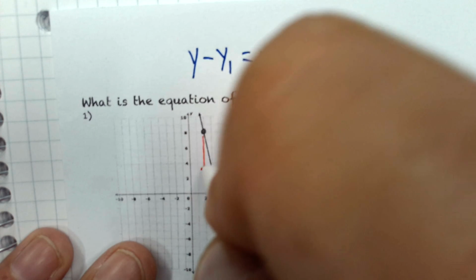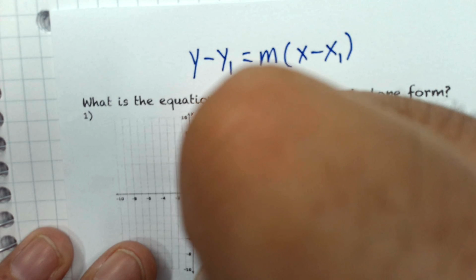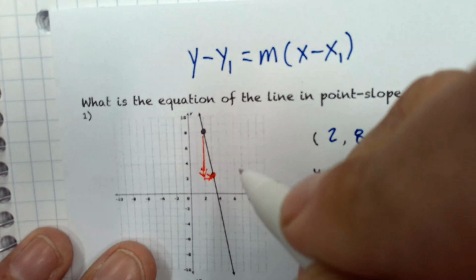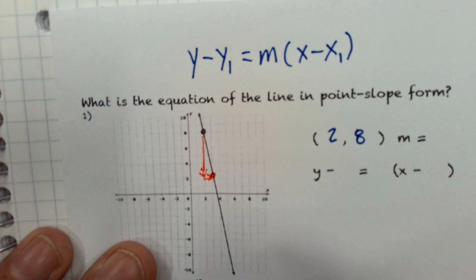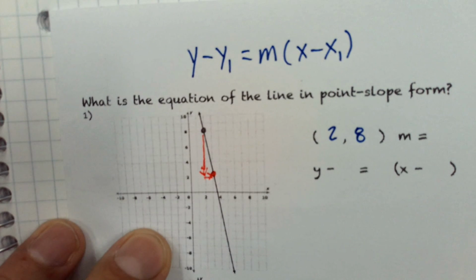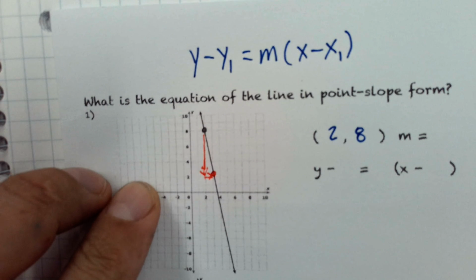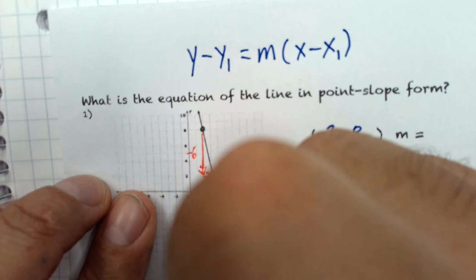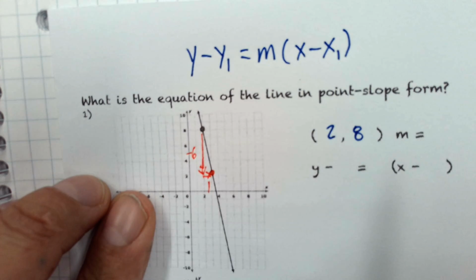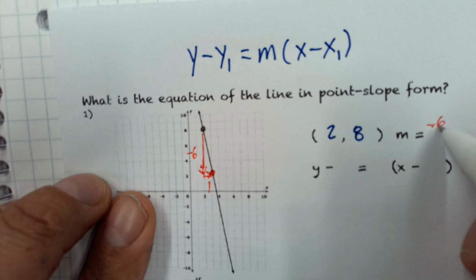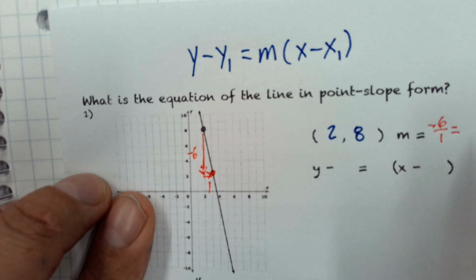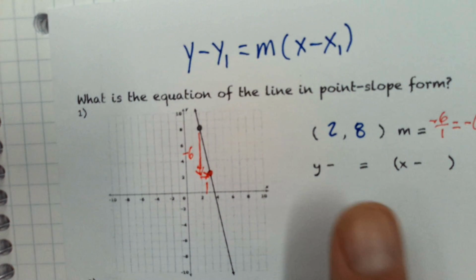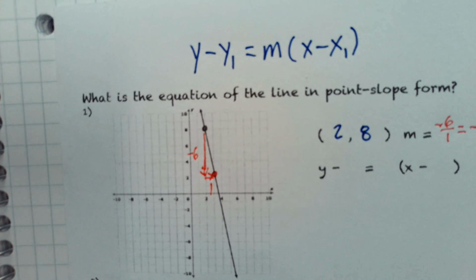If we're going down and across, how much do we drop? We go from 8 to 2. So negative 6 over 1. Simplify that to negative 6. So we got a point now. We got the slope. Let's write the equation.